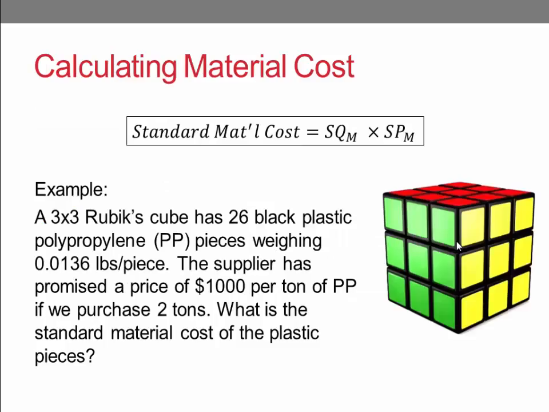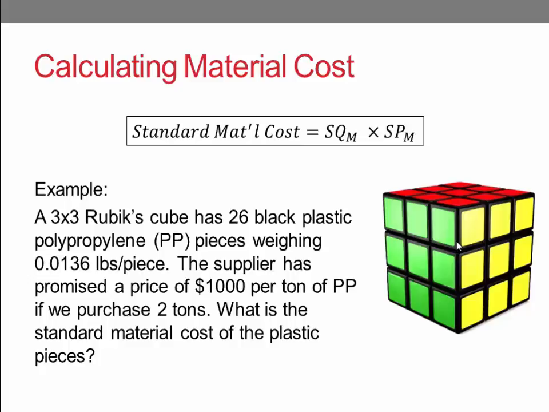For our example, we're going to go through the entire process with a Rubik's Cube. At the top you have the equation: the standard quantity times the standard price gives you the standard material cost. Let's imagine that we are just making the black plastic pieces on a Rubik's Cube, and the Rubik's Cube is assembled somewhere else or at some later point.